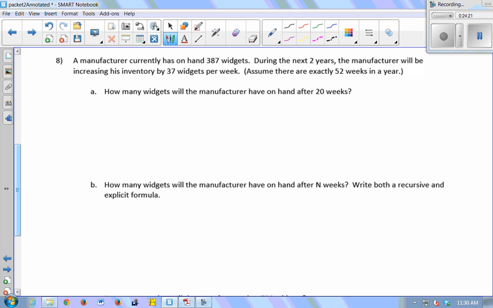Okay, so if we make a little table, we could have n and W sub n for number of widgets. And at n equals 0, I have 387.